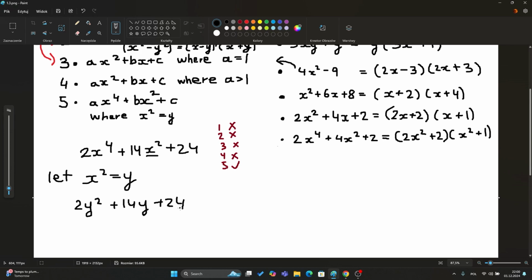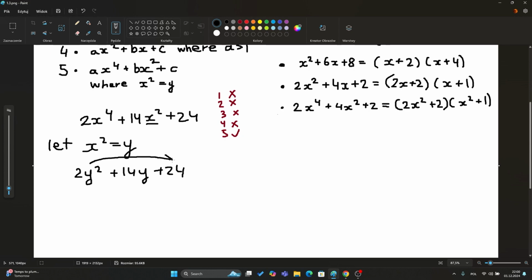And now we can use our ax squared plus bx plus c rule where a is bigger than 1. So we multiply 2 by 24 to get 48, and we leave 14. Now we need to think of two numbers that multiply to get 48 and add to get 14, and those will be 8 and 6.